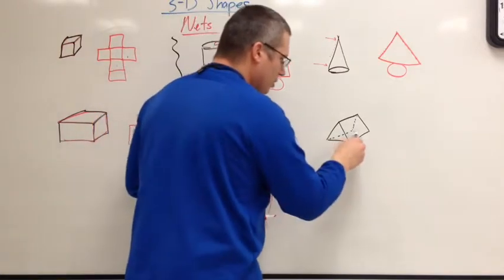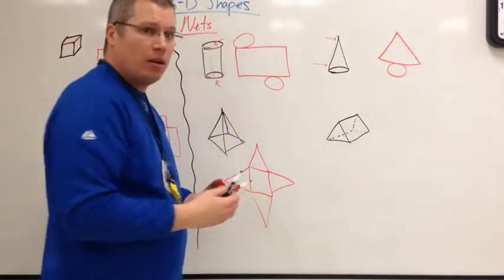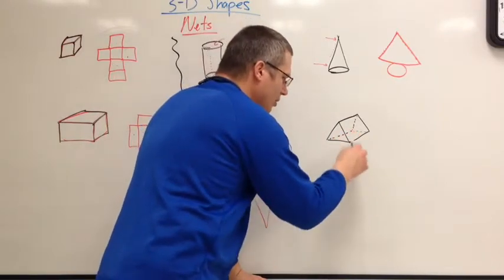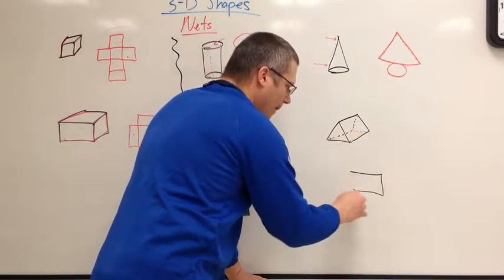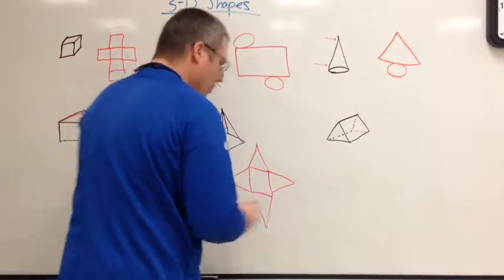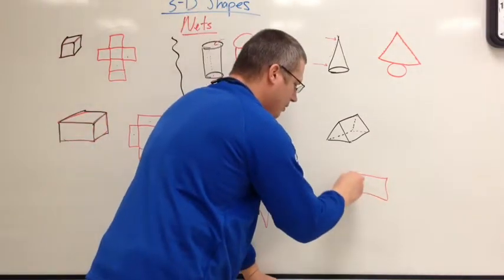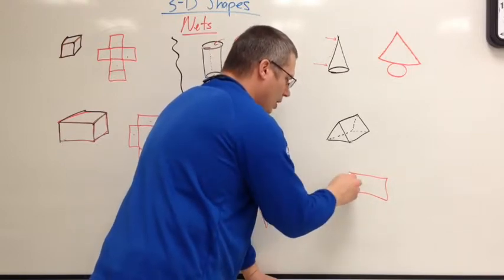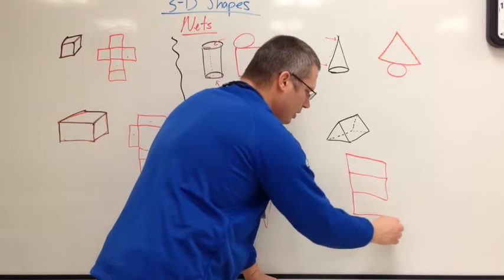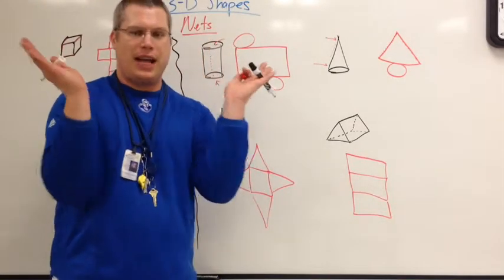Up next, a triangular prism. If I would start to flatten this out, I would have the base, sorry, let me do this in red. I would have the base. One side that folds up would be a rectangle. The other side that folds up, imagine the sides of a tent.